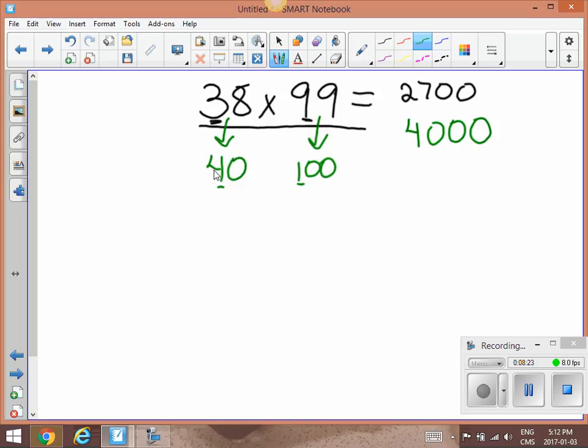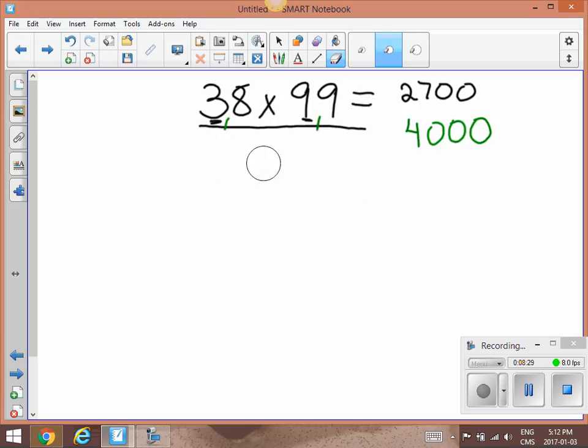I'm going to leave this up. I'm just going to erase the bottom part so we can do this question and see if our estimate is correct. So 30 times 90, we already said, 2,700. We'll go 30 times 9 next.